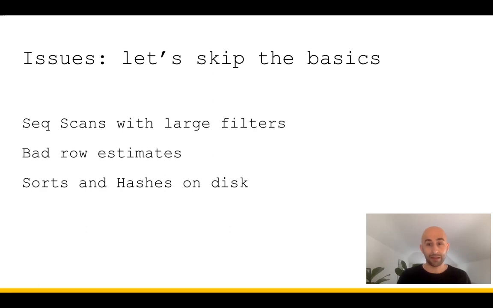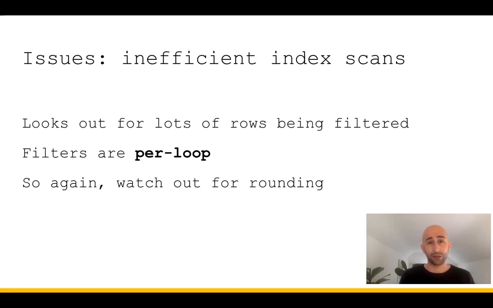Bad row estimates can be a huge issue in terms of how many rows Postgres thinks are going to come back, and therefore which strategy makes most sense for it, which would be the most efficient. And sorts and hashes spilling to disk, much slower than if they can be done in memory. So I think these are pretty well covered elsewhere, so I'm not going to give examples for those ones.